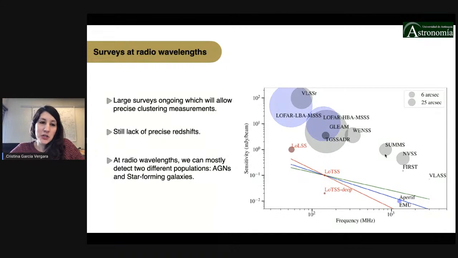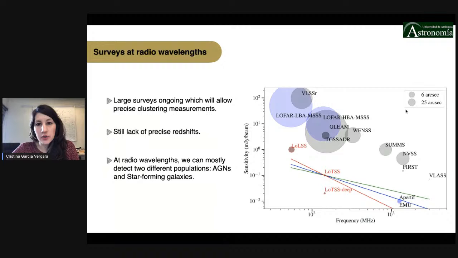For clustering measurements, we are interested in both sensitivity and resolution, because we need a relatively good resolution to really resolve the objects and obtain a precise position of the objects in the sky.